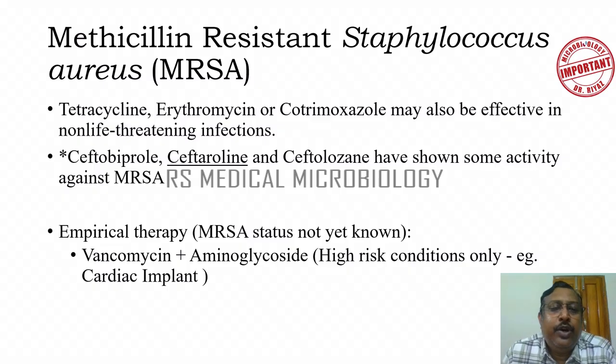So the 5th generation, what I told you earlier, we can use ceftaroline, which is available in India, against MRSA. If you don't know whether the isolate is MRSA or MSSA, then you can use a combination of vancomycin and aminoglycosides, if the patient is in a high risk condition, like post cardiac implant.